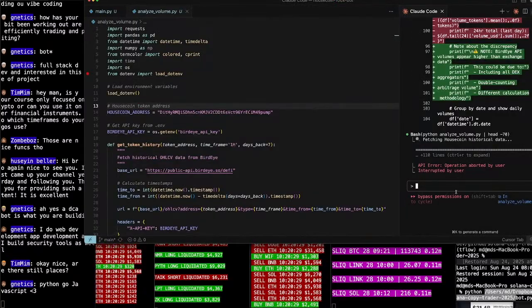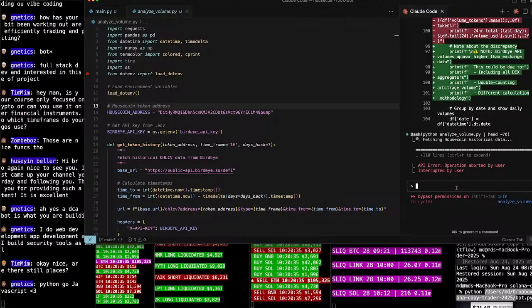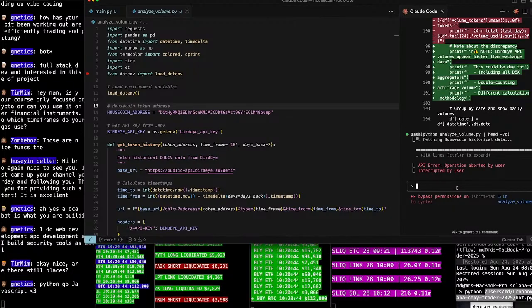I don't know where billion came from. So that's why I believe you need to print out the full data frame here in analyze volume, and then we can explore from there to see what the volume is actually like.